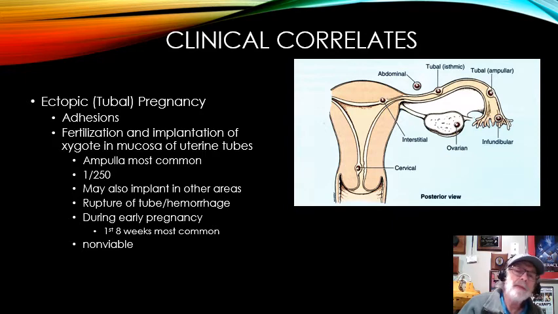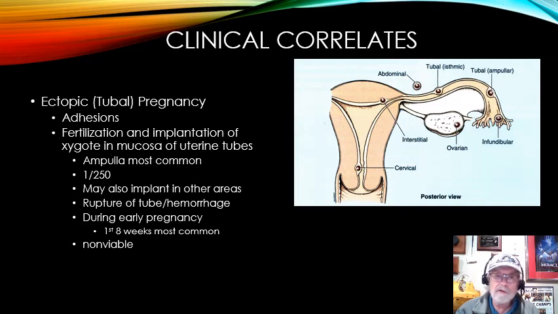But if there's a problem with the fallopian tube, such as a narrowing or stricture because of pelvic inflammatory disease or something else, or a prior ectopic pregnancy, the pregnancy stops there, and that zygote embeds itself in the wall of the uterine tube. It happens in about 1 in 250 pregnancies, which is a pretty high percentage when you think about it. One thing to remember is they're all non-viable.